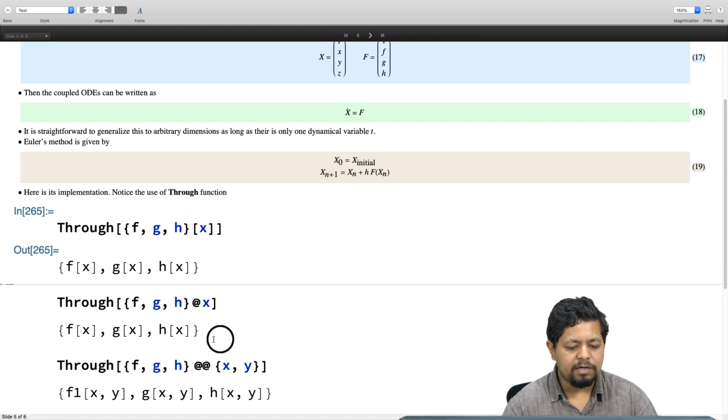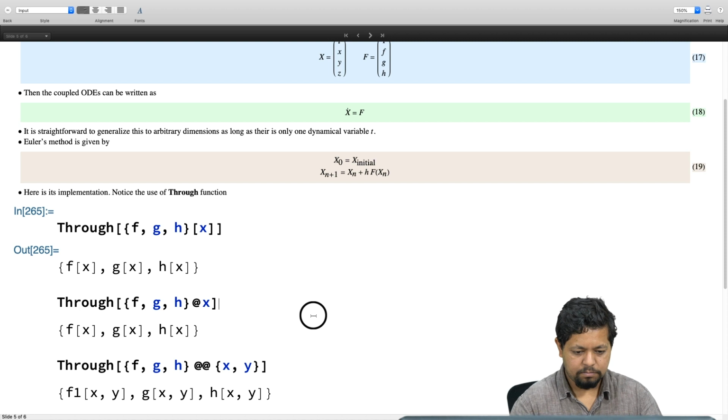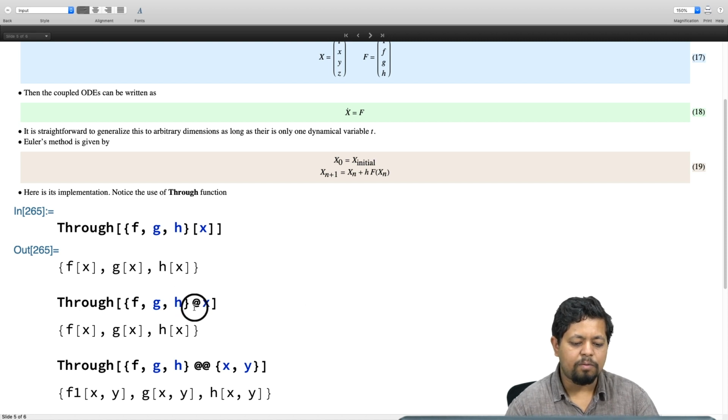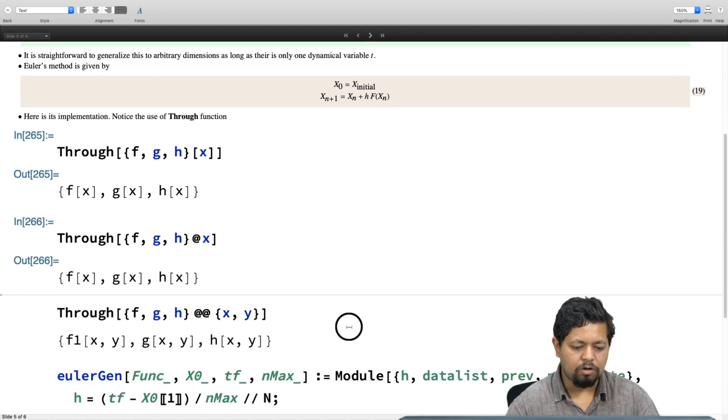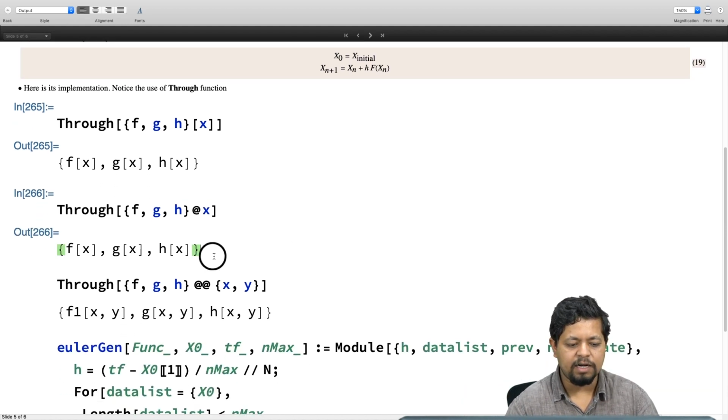I can also implement this through the at-the-rate operator or prefix application. So fgh is a set of functions that I'm applying on x. When I use Through, I get f, g and h applied to x, and in return I get a list of 3 results.